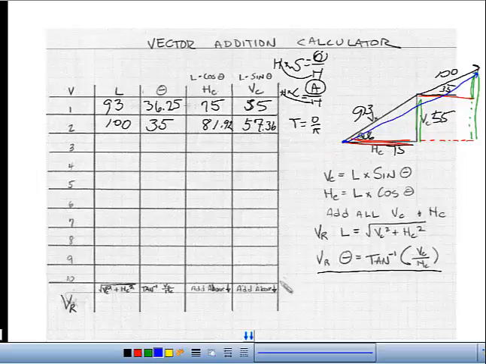So add them up. Let's add up those columns. The vertical column, I'll keep that green. I can carry that 0.36 down. 7.5 looks like about 12. 5.5, that's 112.36 vertical. Horizontal is 75 and 81.